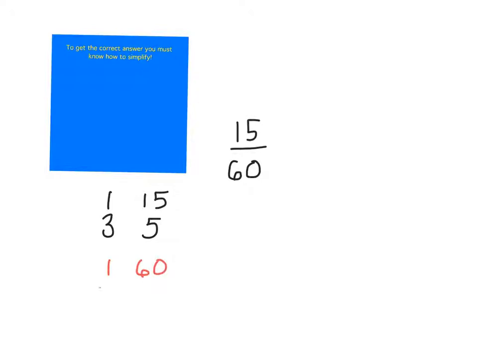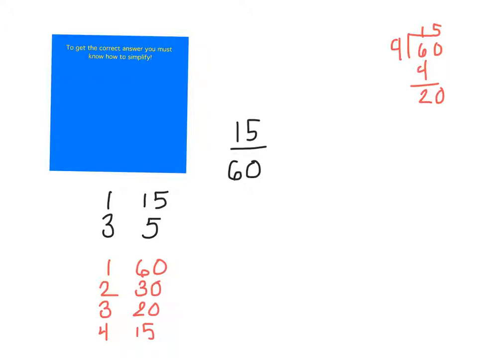I know that it's divisible by 2 because it's an even number. 2 and 30, 3 and 20, and then I'd have to check for 4, so let me do that. 4 into 60 is 1 time. Bring down my 0. 4 and 15. 5 and 12. 6 and 10. Well, I see a number greater than 5 that I could divide by.